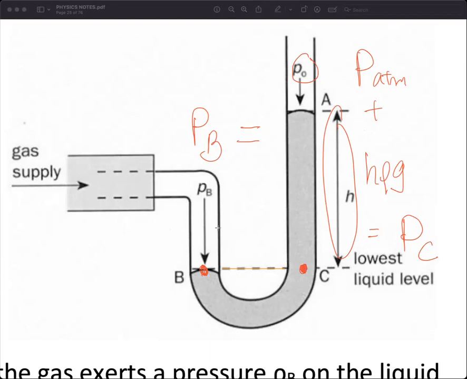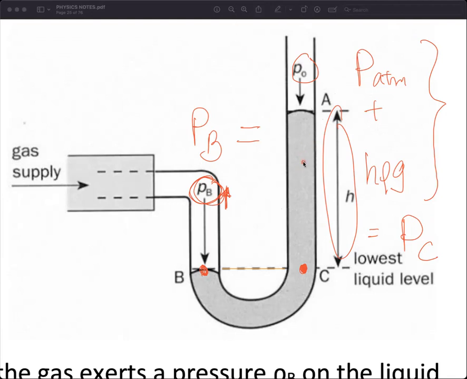Because pressure at B can push the water up here, this B has greater pressure, correct? This pressure is a combination of the atmospheric pressure, P0, plus the pressure due to the liquid above C. Because B and C are at the same height, and this liquid is not enclosed.